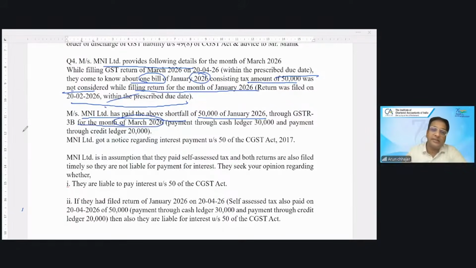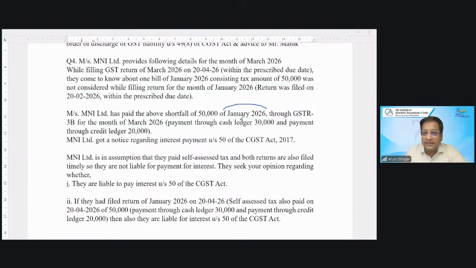Now, what is important? The important thing is whether the liability was added in the same tax period. Whether the liability was added in the same tax period, the answer is no.